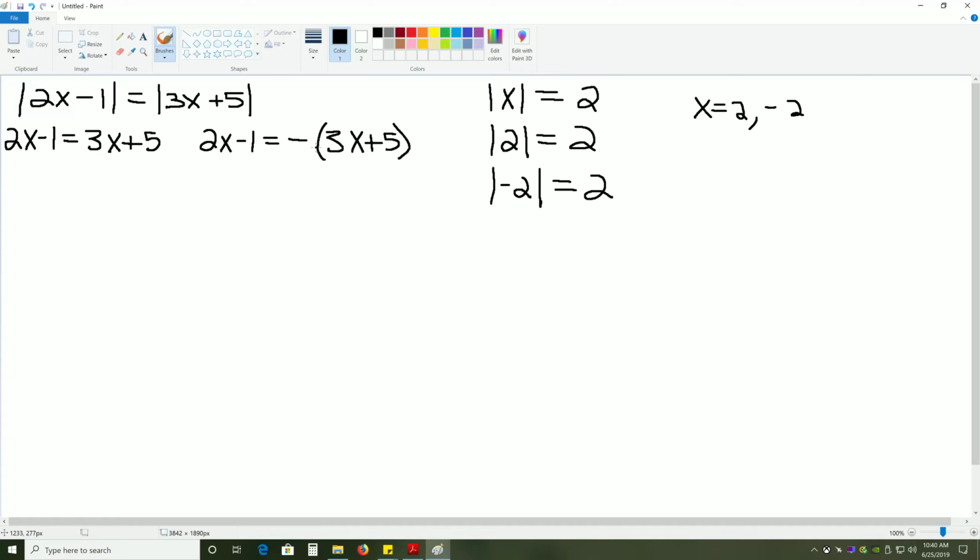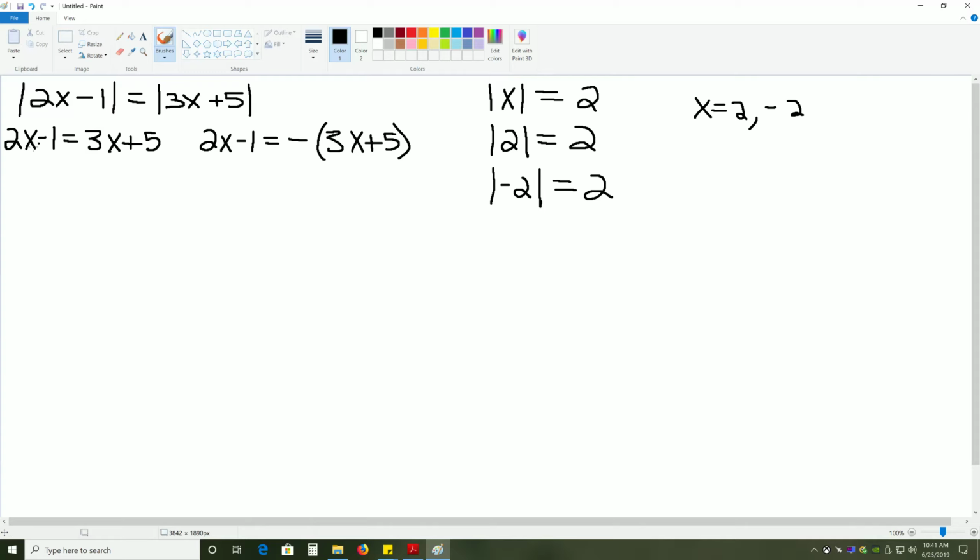This is equivalent to when we set the negative 2 inside of the absolute value. With both of these problems, we can solve for each value of x that will solve this original absolute value equation. So we can begin solving for x.